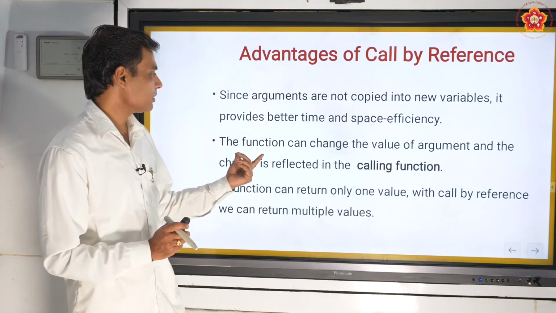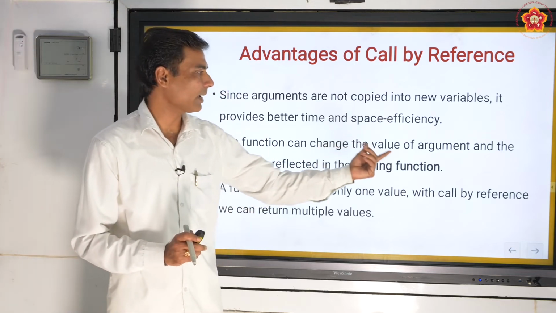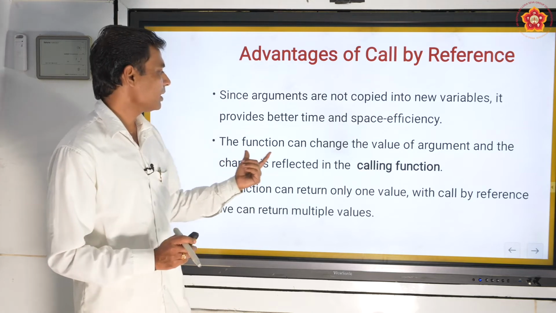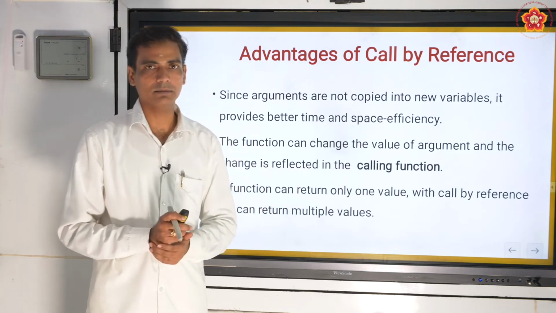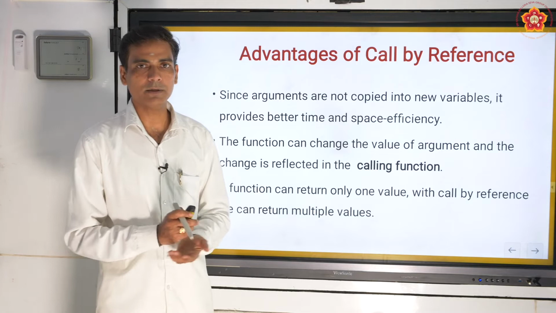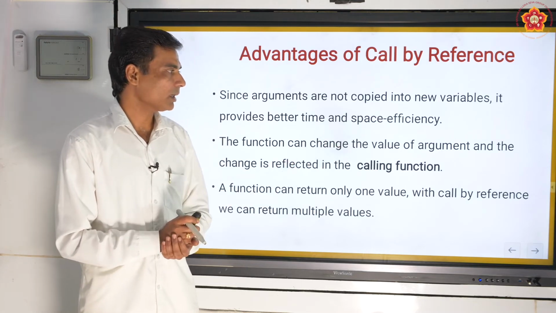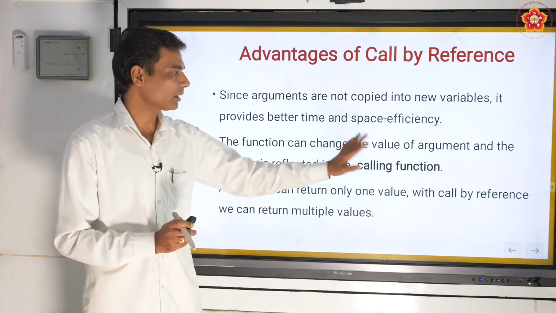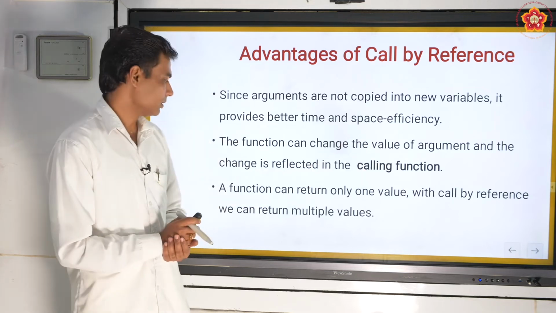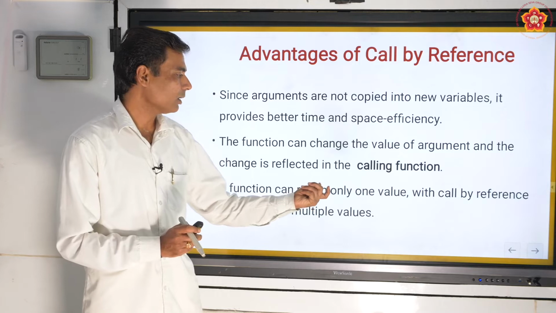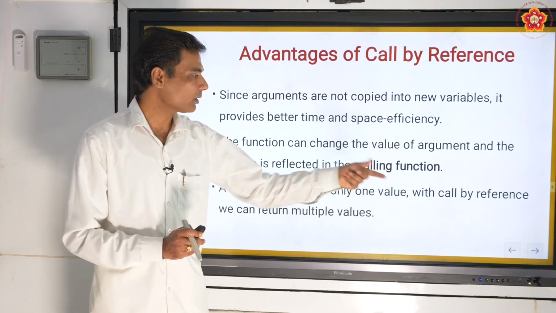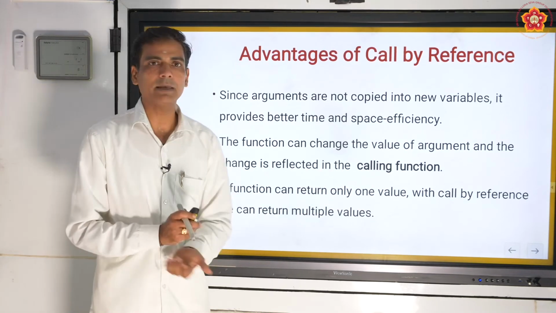Now the next point is, the function can change the value of the argument and the change is reflected in the calling function. Here the calling function is the main function. Whatever changes you make in the arguments will be reflected in the calling function. A function can return only one value. With call by reference we can return multiple values.